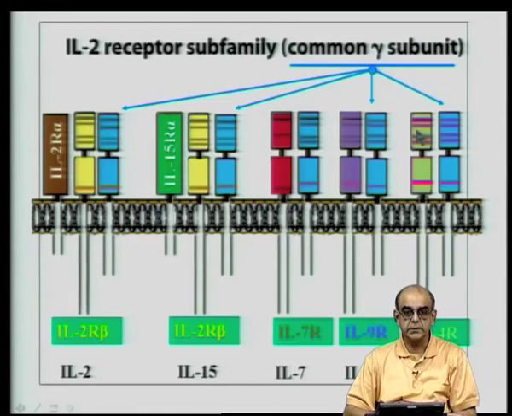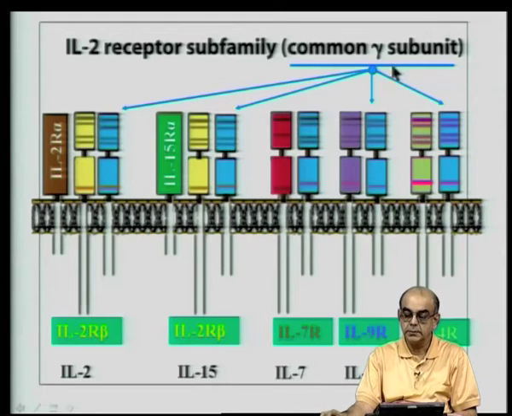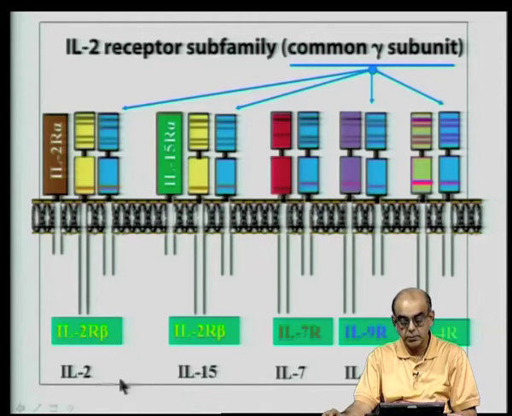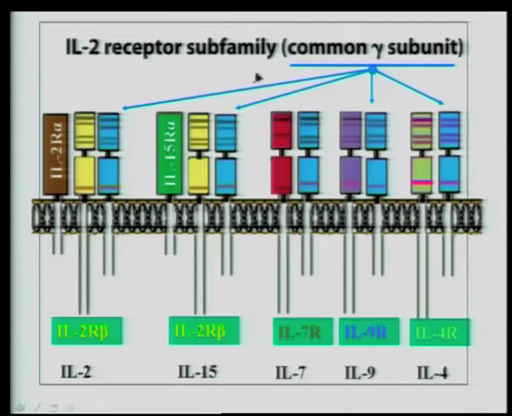So, this is the IL-2 receptor subfamily, which shares a common gamma subunit, which was shown to you in the last lecture. So, IL-2, IL-15, IL-7, IL-9 and IL-4 are the members of this IL-2 receptor subfamily, and they share these blue subunits, which is the gamma subunit.